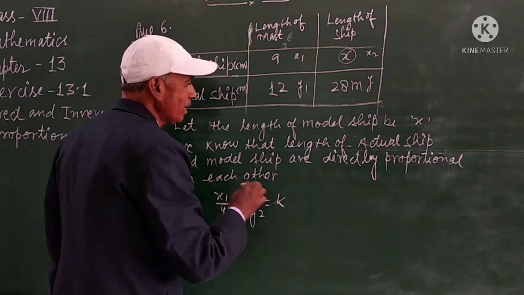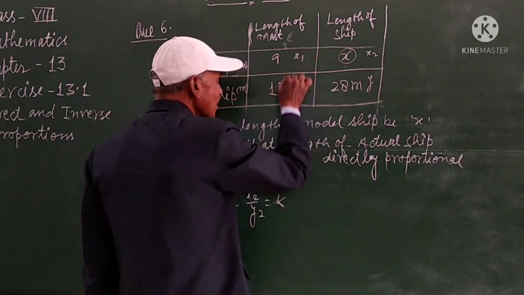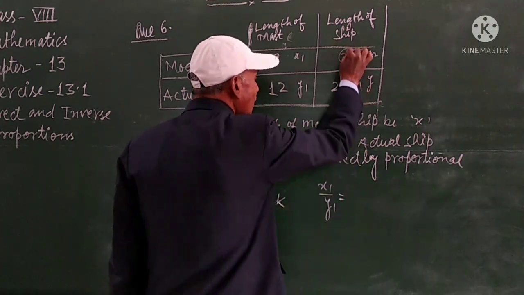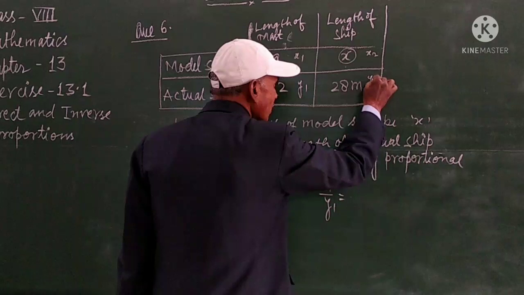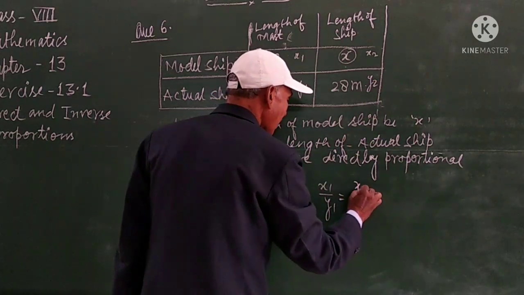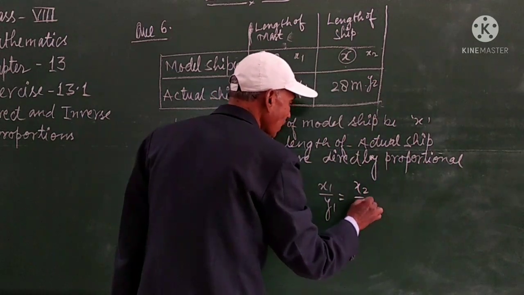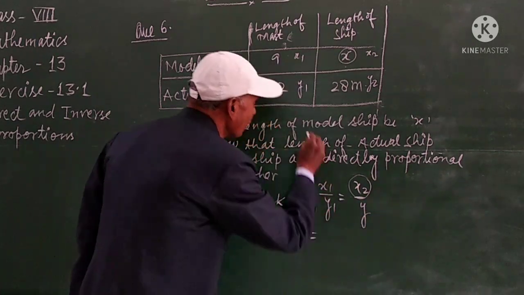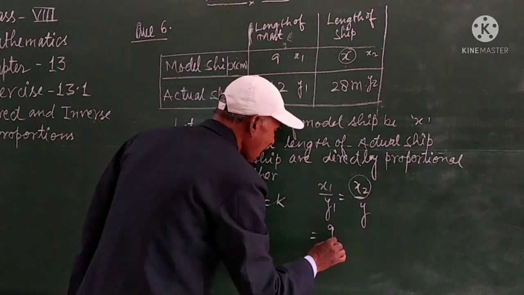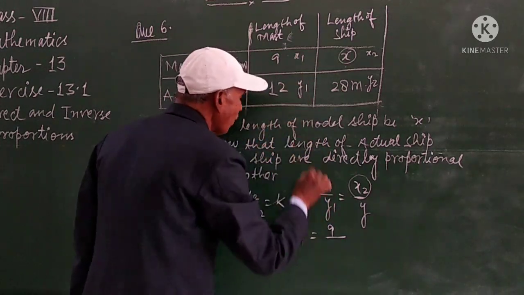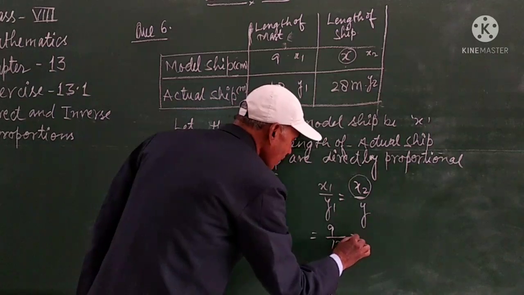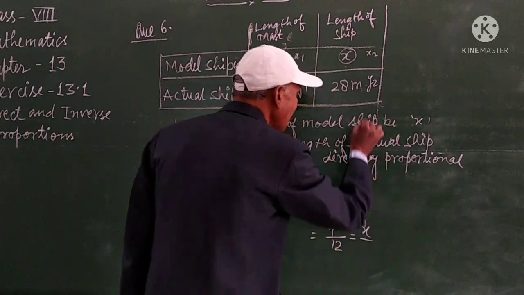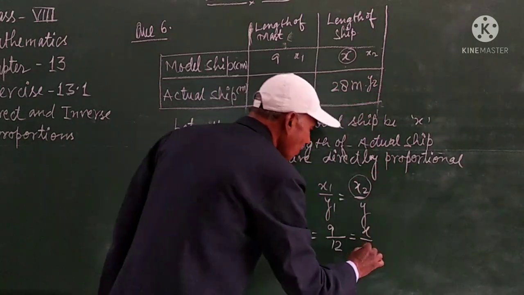So in this, student, we have to use x1 upon y1 is equal to x2 upon y2. In place of x2 we have assumed here x, student. So it will be x1 that is 9 and y1 that is 12 is equal to x upon, in place of y2, this one 28.